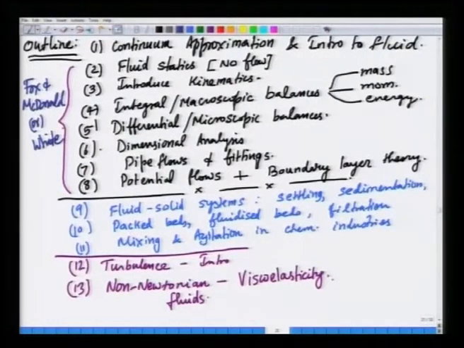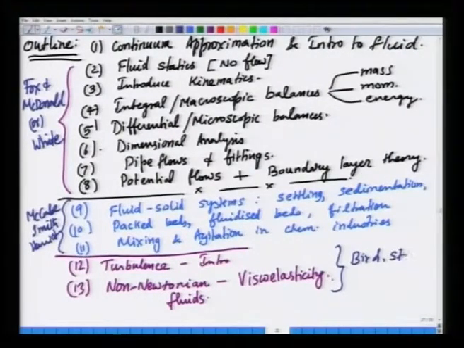For the next parts, in addition to the lecture notes, you can follow McCabe, Smith and Harriott. For these, you can follow Bird, Stewart and Lightfoot, Transport Phenomena. So, this is the rough agenda for this course.